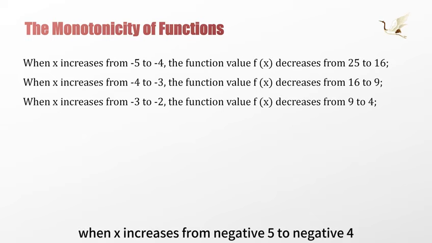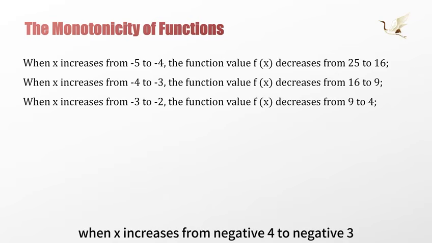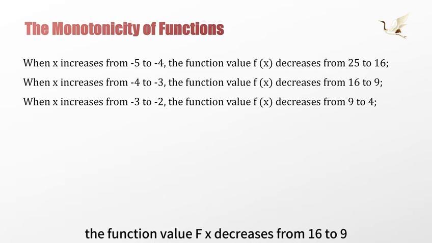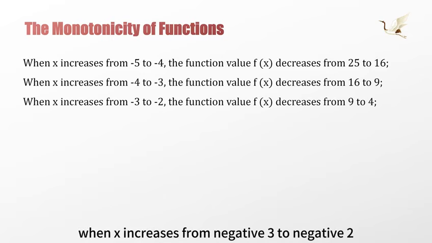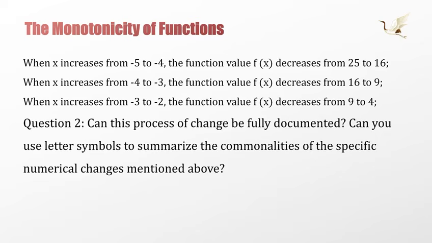For example, when x increases from negative 5 to negative 4, the function value f(x) decreases from 25 to 16. When x increases from negative 4 to negative 3, f(x) decreases from 16 to 9. When x increases from negative 3 to negative 2, f(x) decreases from 9 to 4. Can you write down all the changes?